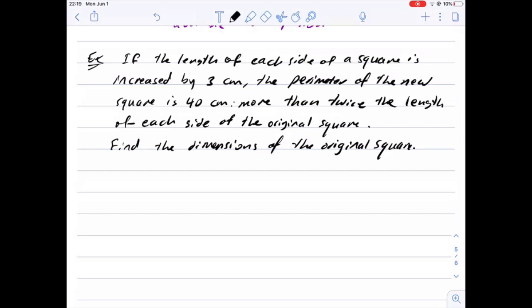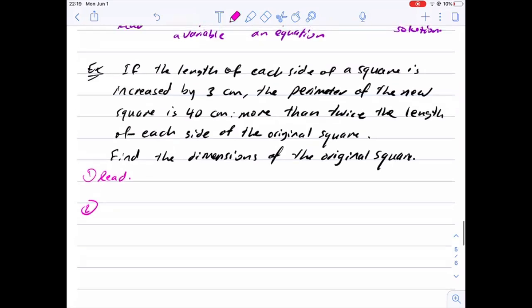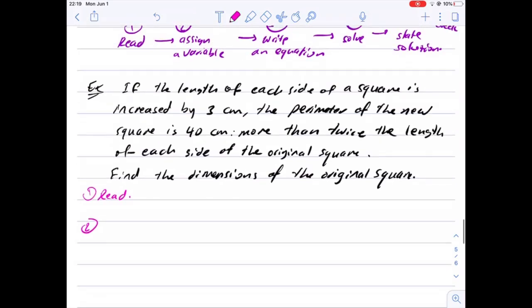Now for this problem, we first read the problem and then we assign a variable. We usually assign the variable for the smaller quantity. So here we have 2 squares, the original and the new square.